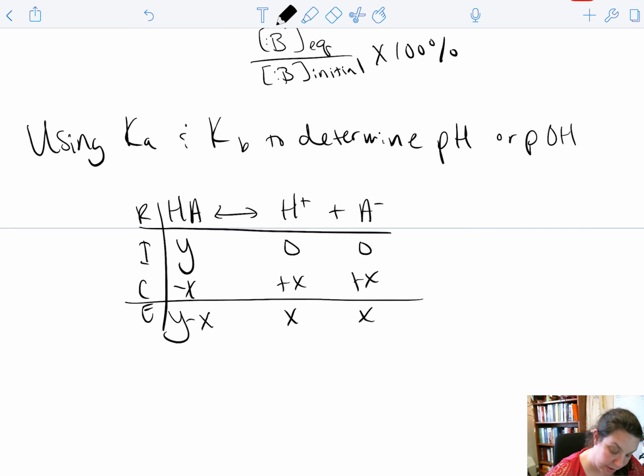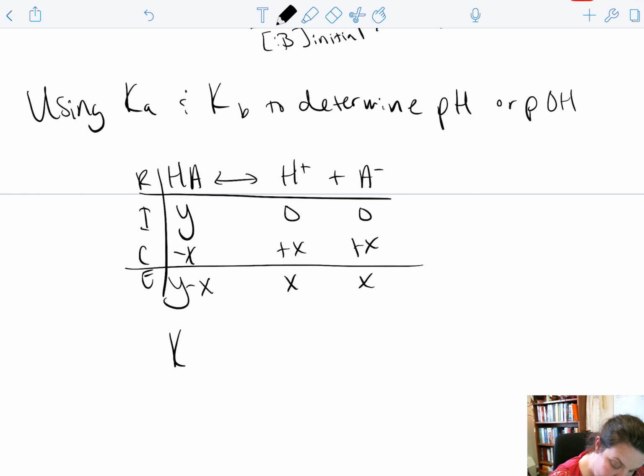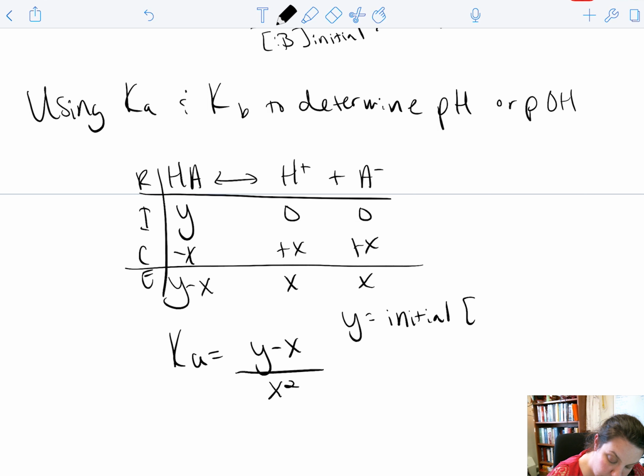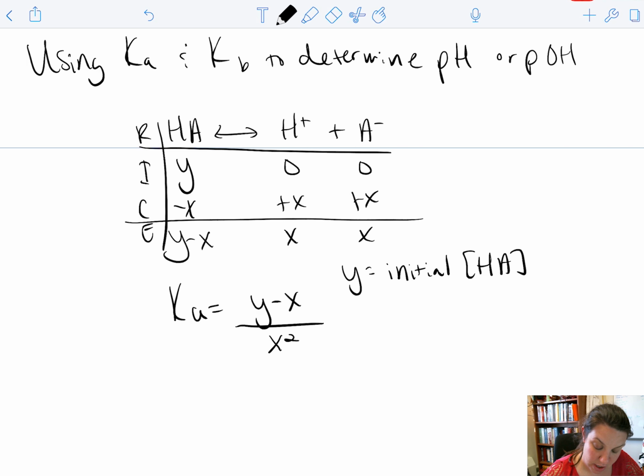But the important thing to note is if you have your Ka, and then Y is just an initial H plus concentration or HA concentration.